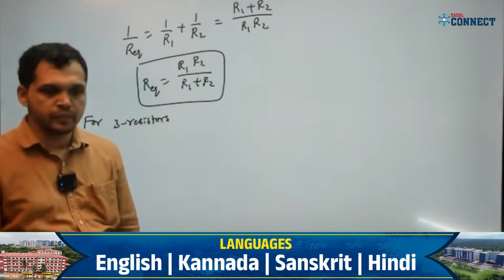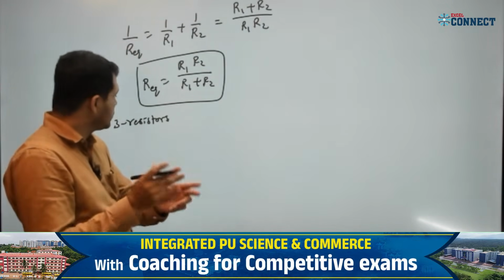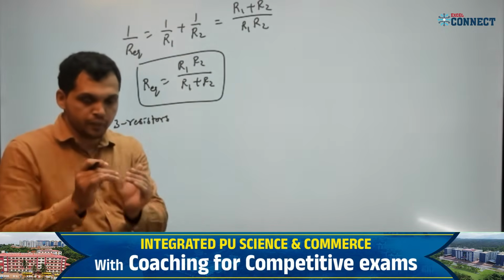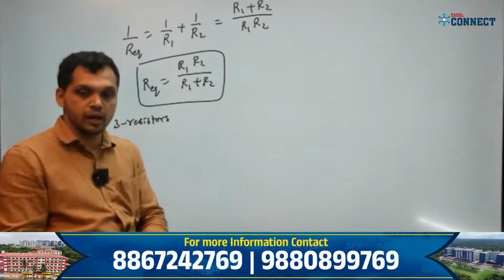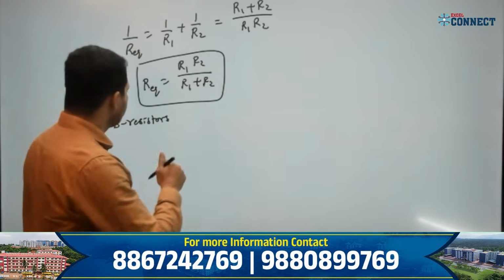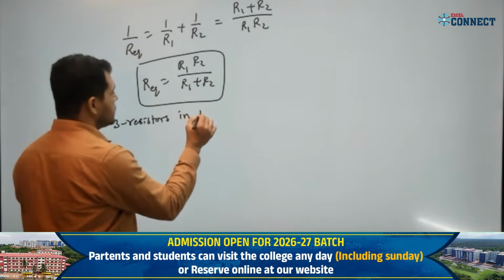I have to add I1 plus I2 plus I3, so I will get V by R1, V by R2, V by R3.